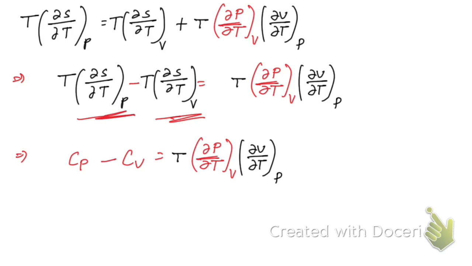And for a perfect gas, what we get, PV is equal to RT for 1 mole of gas. So if that is the case, what we can write here, right?